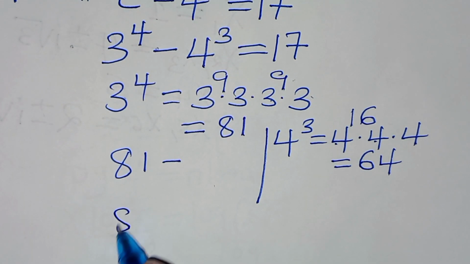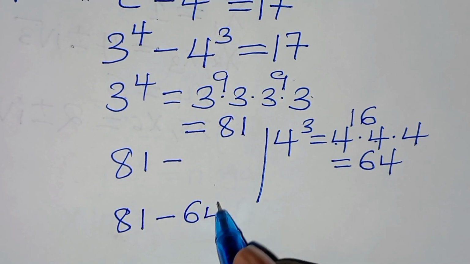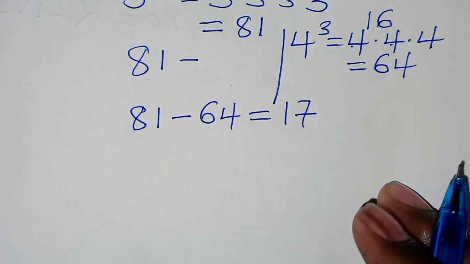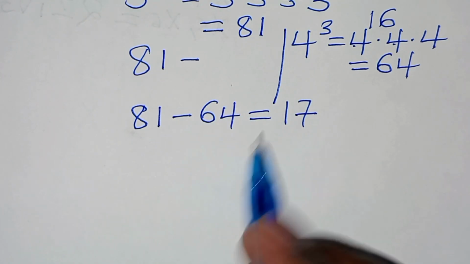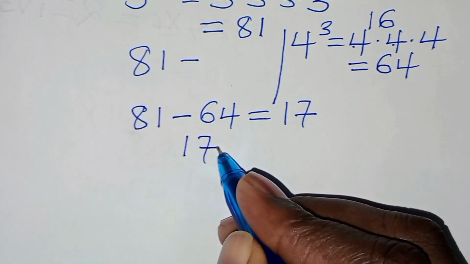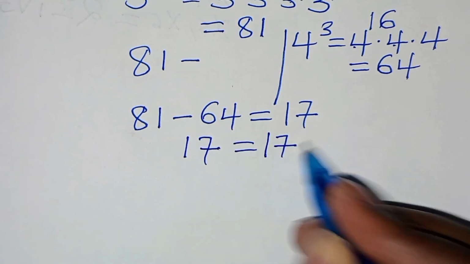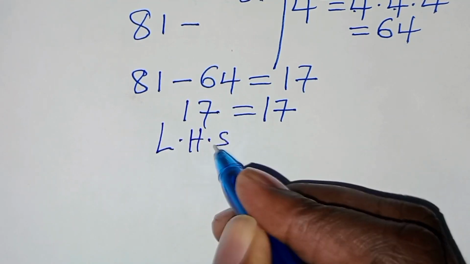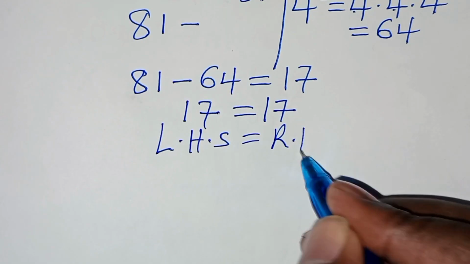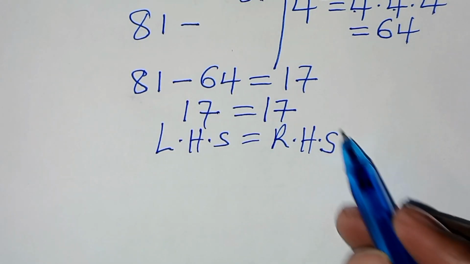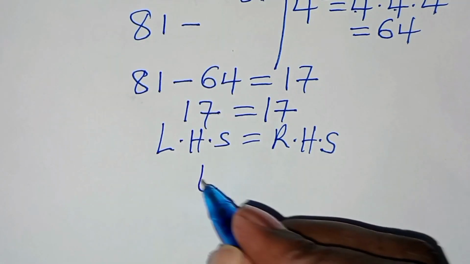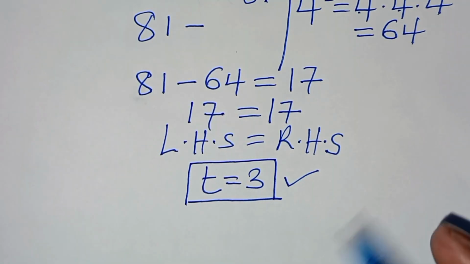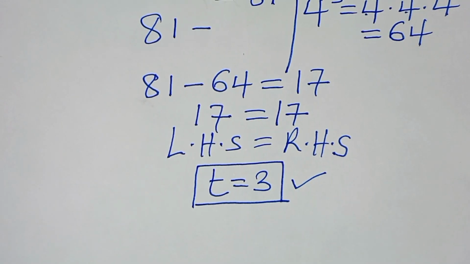So we have 81 minus 64, which is 17, equal to 17. This implies that the left hand side is equal to the right hand side, and so the value of t, which is equal to 3, satisfies the equation.